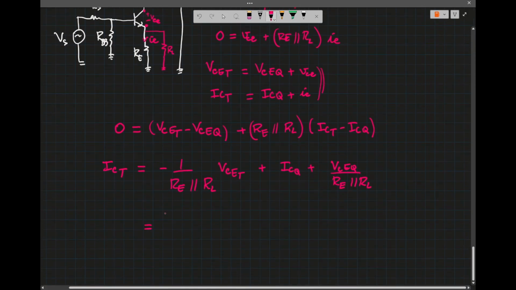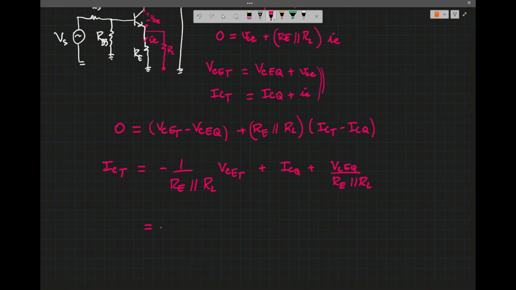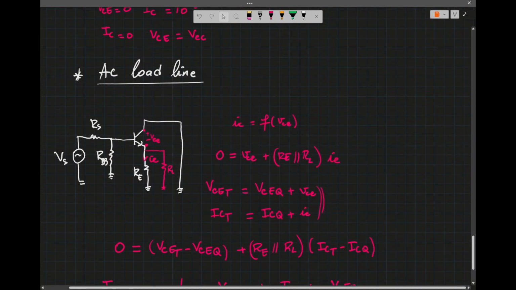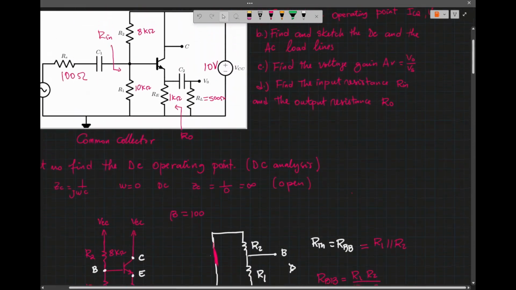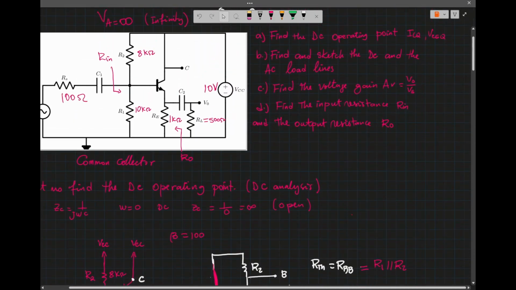So when I put it on the calculator, I have negative. We know the value of RE from above, right? The value for RE is 1K and our load is 500.